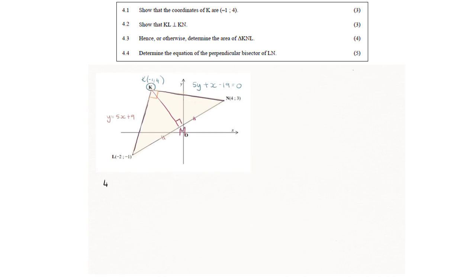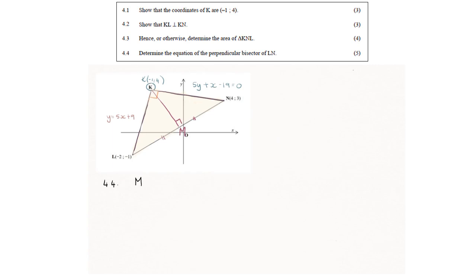Since this is an isosceles triangle, as we showed in question 4.3, the perpendicular bisector in this case is going to go through the apex at K, but it's not always the case. To determine the equation of the perpendicular bisector, we need 1 point on it as well as its gradient.